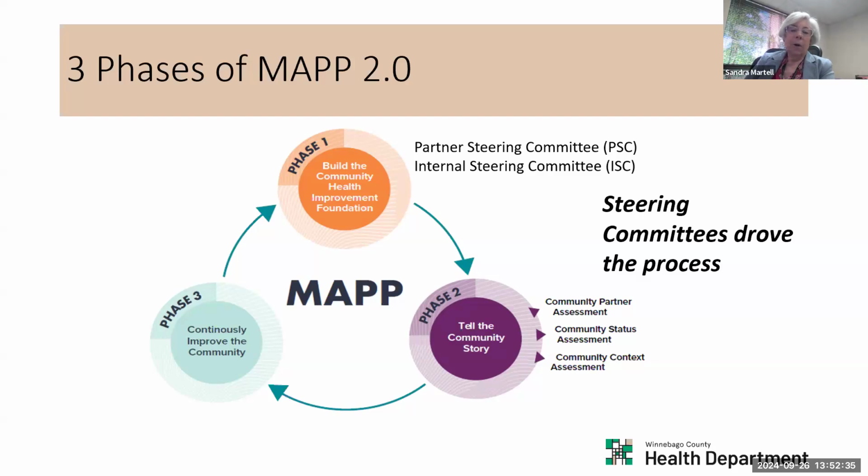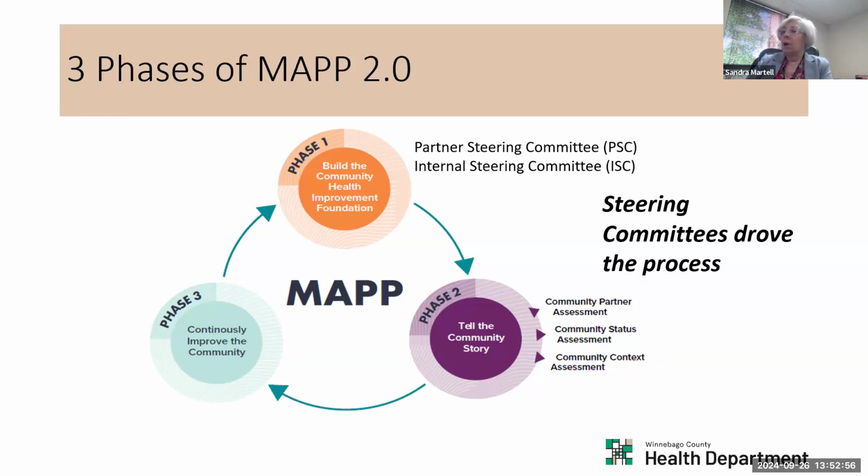Because that becomes part of this challenge: if you were to talk to the areas on aging, your hospitals needing to do needs assessments, your mental health service providers and your FQHCs, all have this requirement. So they really became part of that partner steering committee, and they really drove the process.